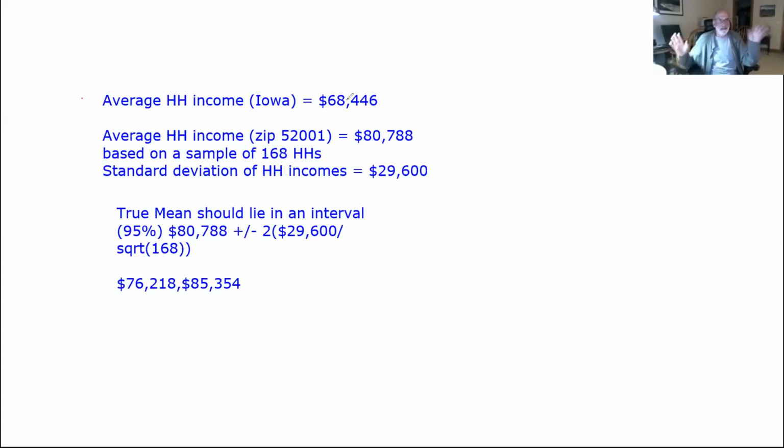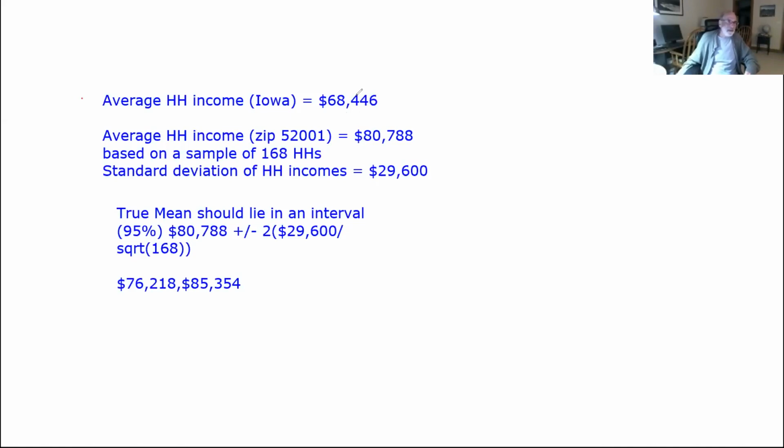And I think Gelman's exactly right about this: the null hypothesis is almost never of anybody's interest, and it's also never true. There's no way that zip code 52001 has exactly the same income as the rest of the state. The question is, is it far enough away to be able to say whether it's higher or lower? So the hypothesis we'd set up is that it's really equal.